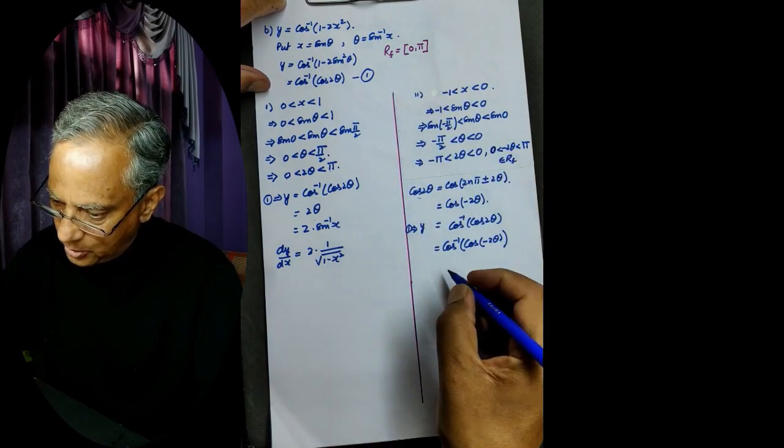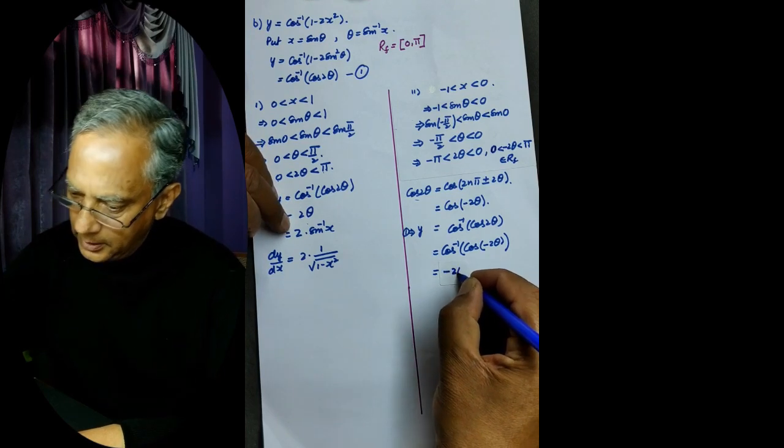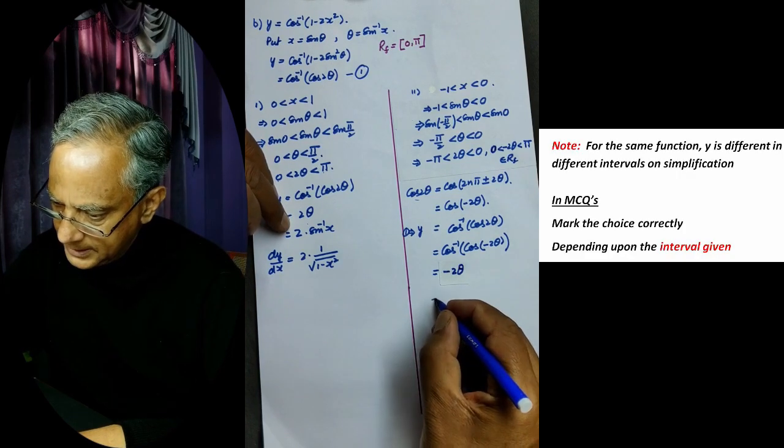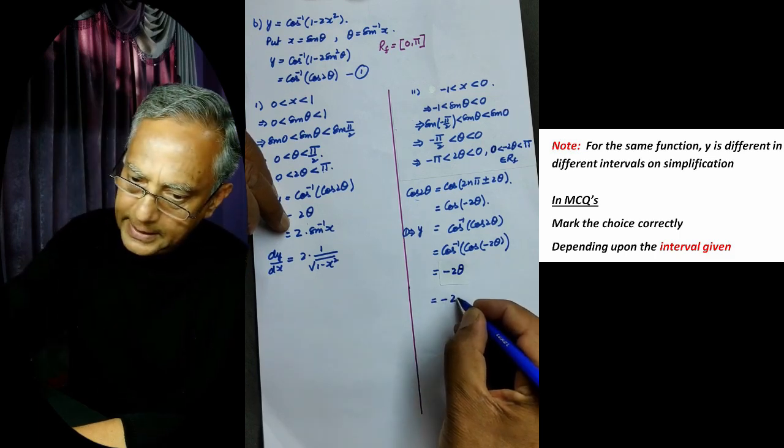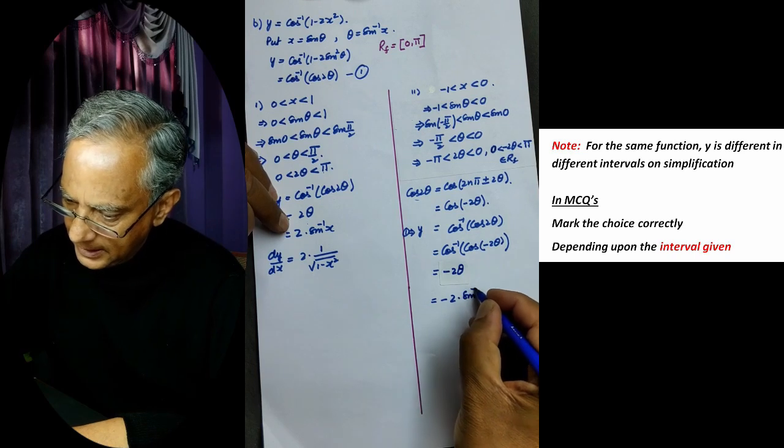So this is equal to minus 2 theta, which is minus 2 into sine inverse x.